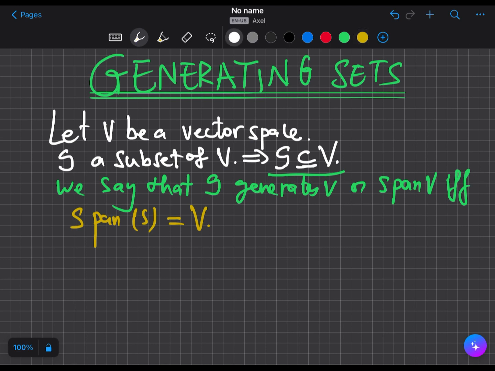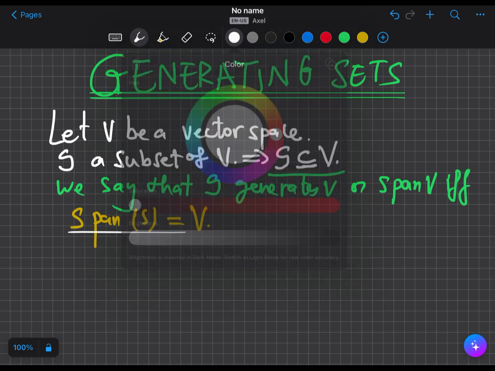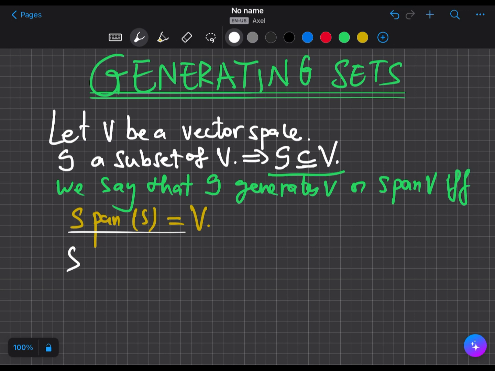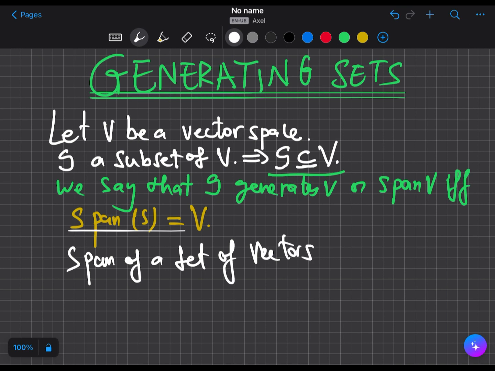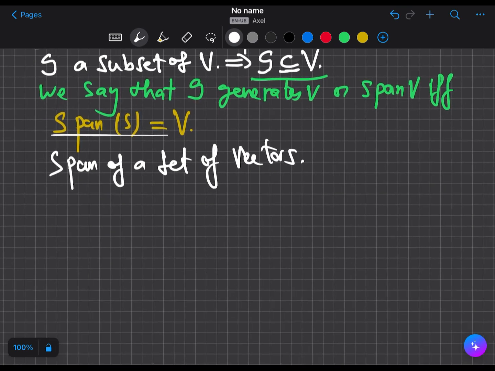I know you may ask yourself a question. What's the meaning of span of S, or span of a set of vectors?